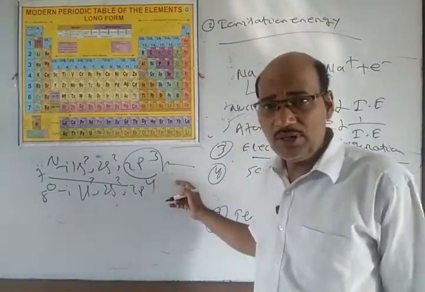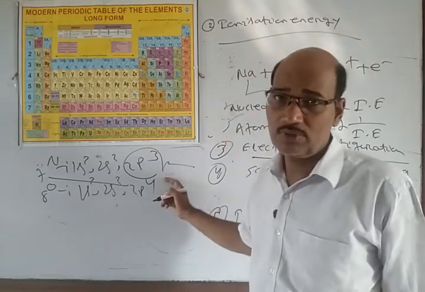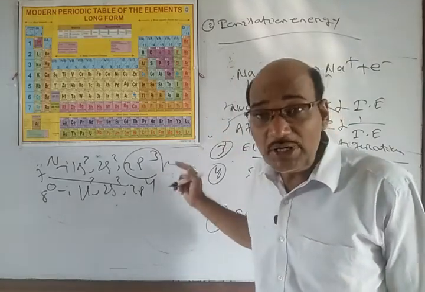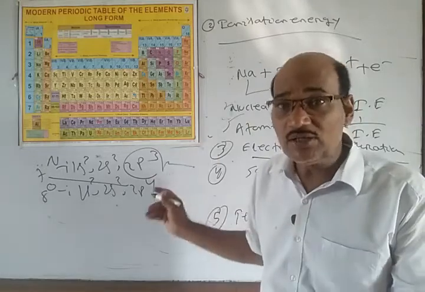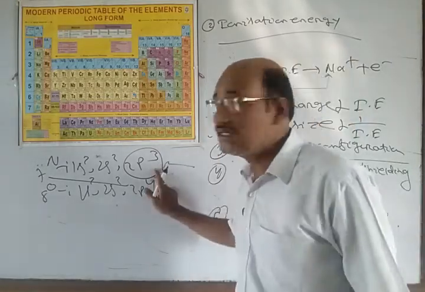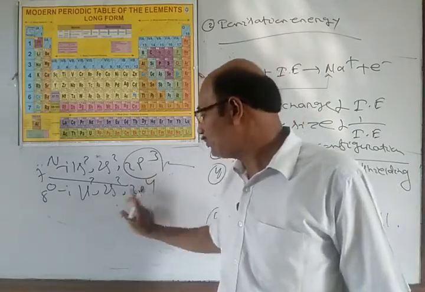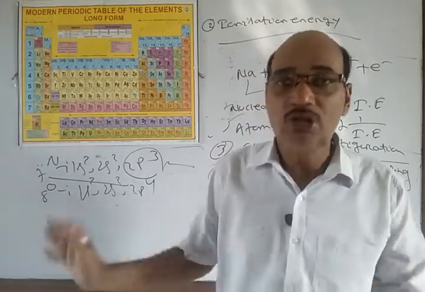We know p orbital contains 6 electrons, so p3 is half filled. Completely filled or half filled orbitals are more stable. Here nitrogen has a half filled orbital 2p3, and oxygen 2p4, neither half filled nor completely filled.